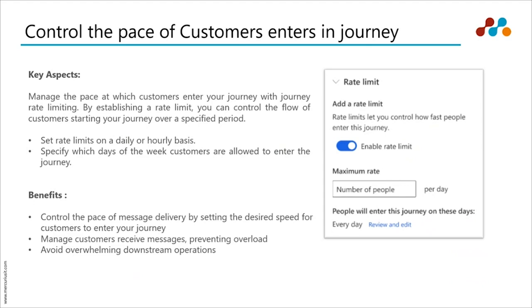Let me give an example. Let's say you have started a new marketing campaign where your organization sends messages to your entire customer base, let's say 10,000 customers, and that campaign includes the action of calling a call center.